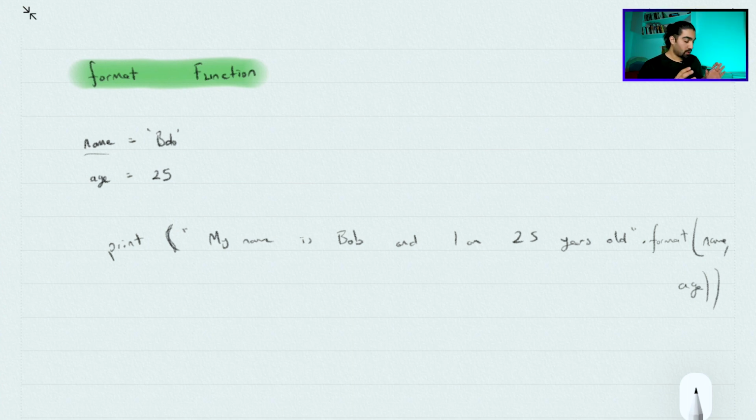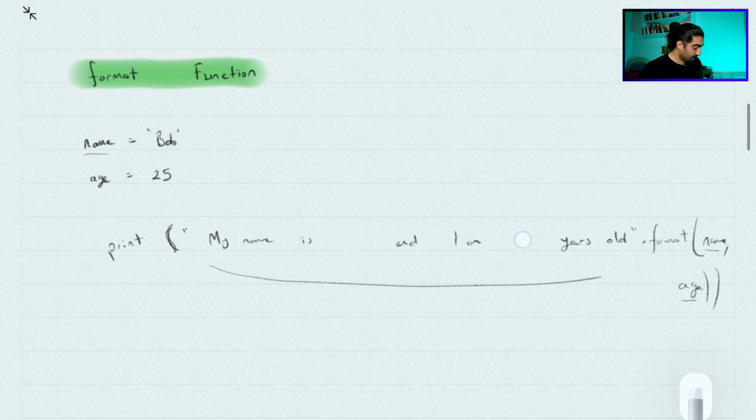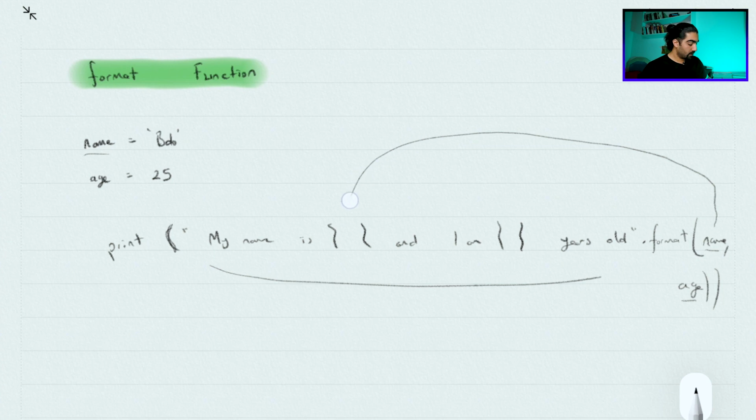Everything looks okay, but how can these variables be represented in my string? To be able to do that, instead of using this name Bob and this age, I'm just going to use these curly brackets. The first parameter of the format function will go into the first one, and the other parameter goes into the second curly bracket.